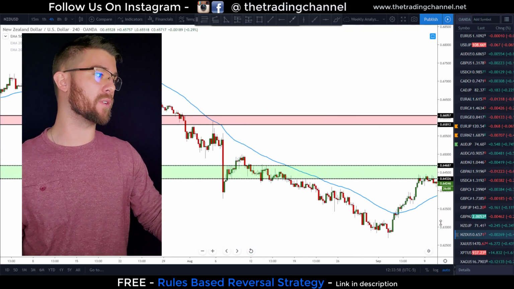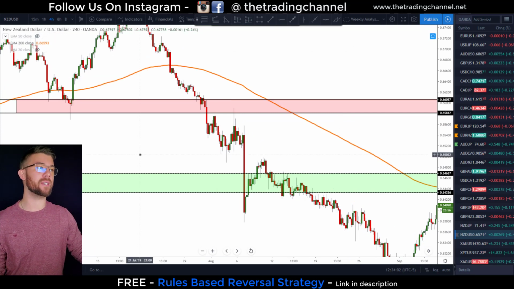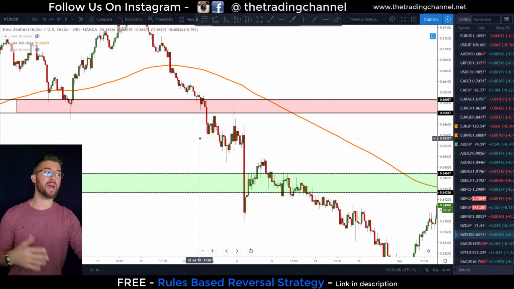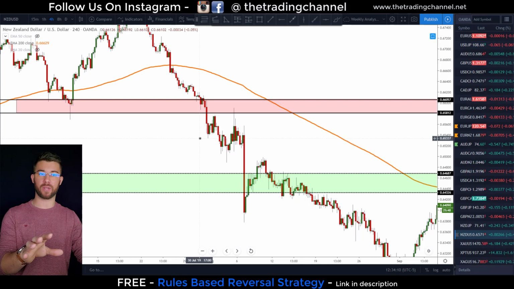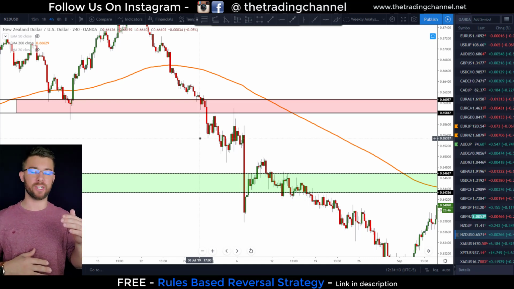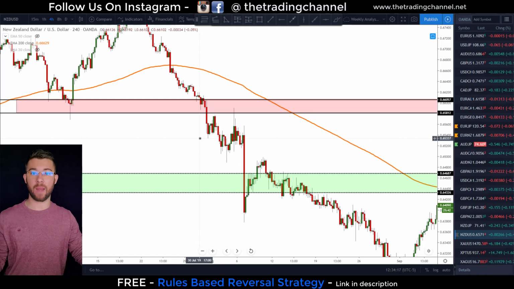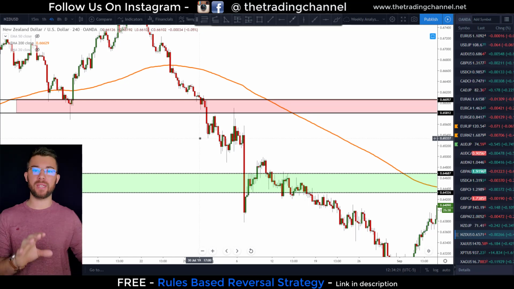For example, we're going to do a strategy where a specific market is under the 200 period moving average. That's our orange line. We come back up to the previous level of structure, support or resistance that was broken, depending on if we're bearish or bullish. And we're waiting on a shooting star candle or a hammer candle. Super simple strategy. Now, here's what you need to understand.